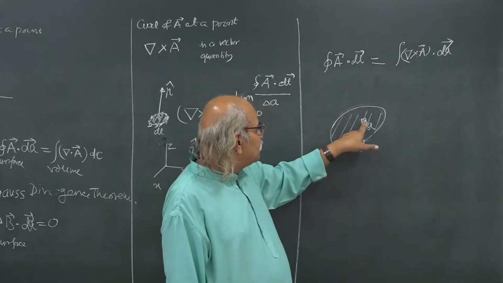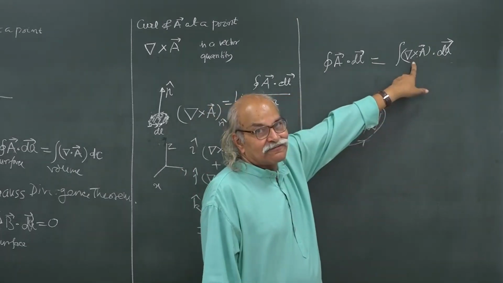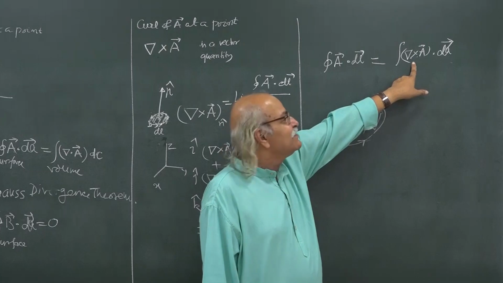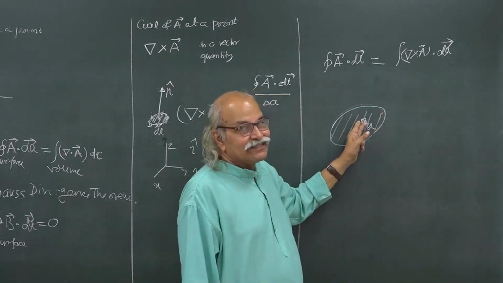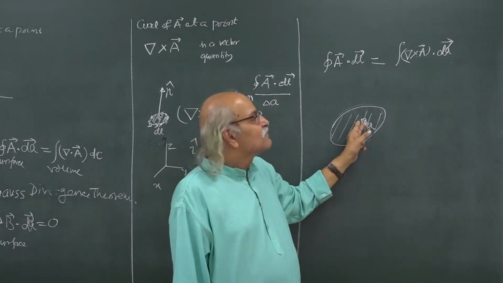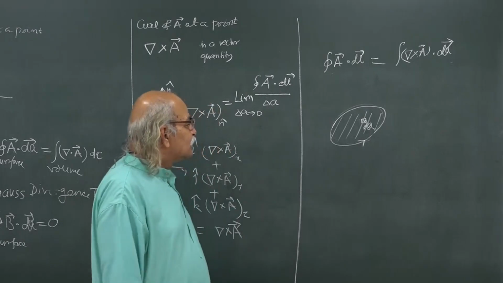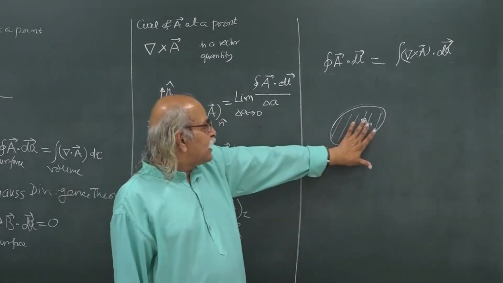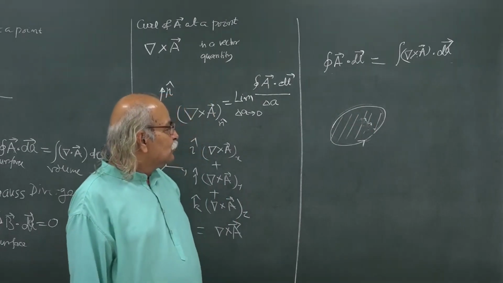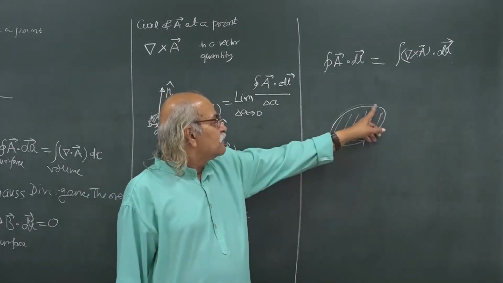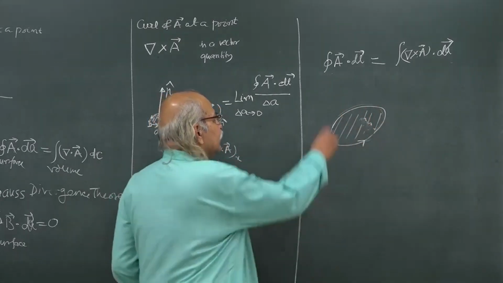Where you have taken that dA, at that point only you take the curl of A, and then take the dot product between curl of A and dA, both are vector quantities. So, this is this side, and what is the other side? You do not have to look at what is happening in the interior area; you only look at the loop itself, the boundary itself, and A dot dl.